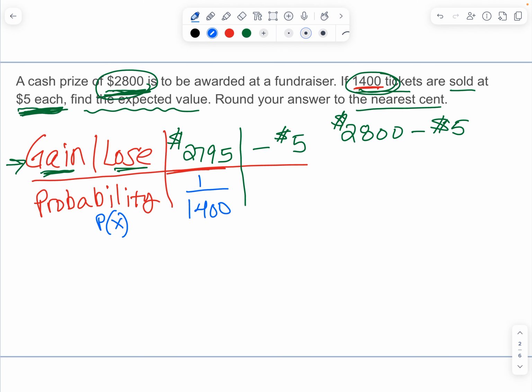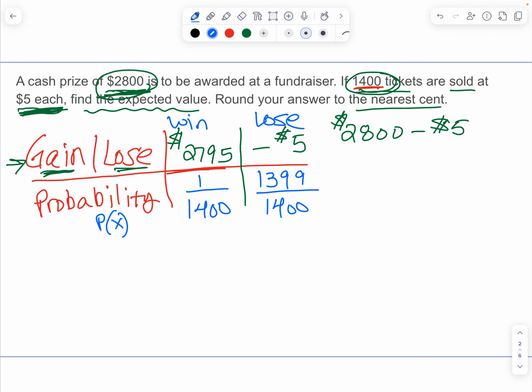Which means you've got 1,399 chances that you're going to lose out of 1,400. Okay, so this is your winner, chicken dinner. This is your lose column.